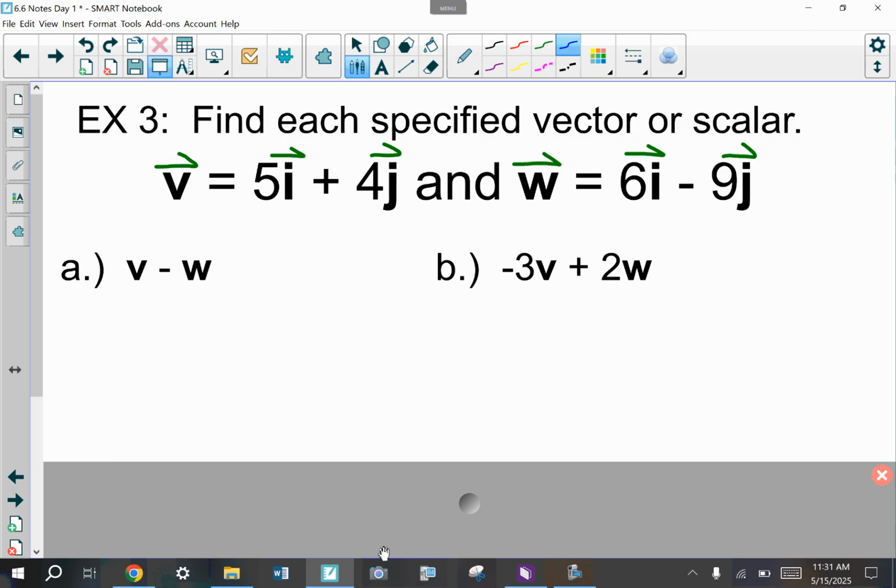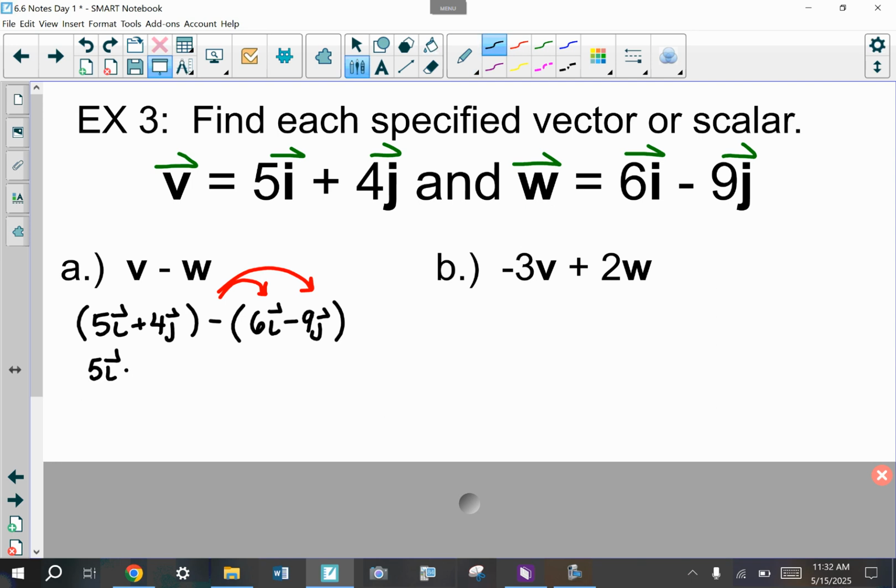Now, algebraically, it's pretty simple. You literally just replace these. So we have 5i plus 4j minus the quantity 6i minus 9j. Remember, we've talked throughout the year, if we have more than one term with subtraction, we definitely want to have parentheses. So we're going to distribute the negative through that, and then we're just combining like terms.